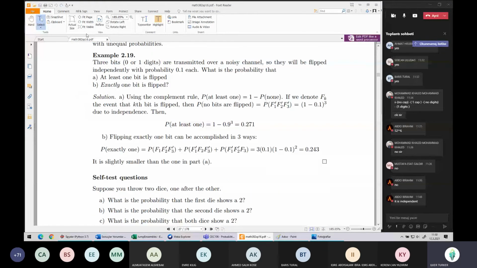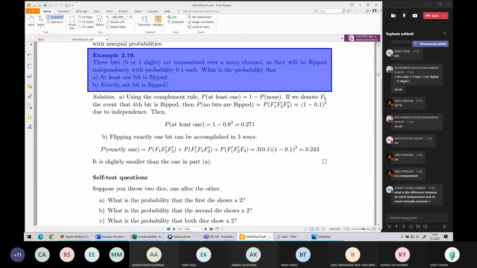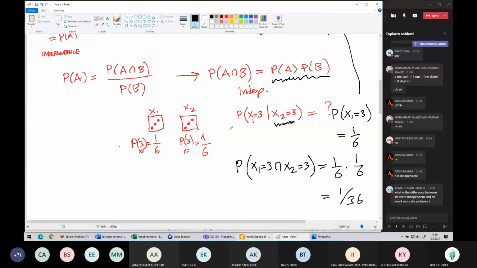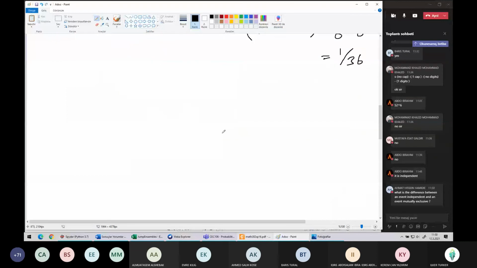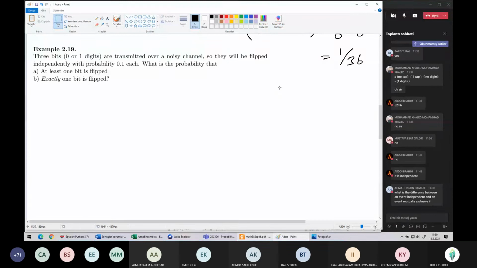Yes, and this is our electronics or telecommunications question. What is the difference between independent events and mutually exclusive events?